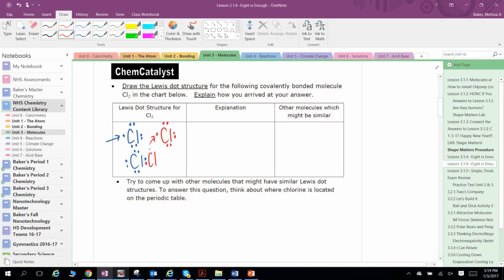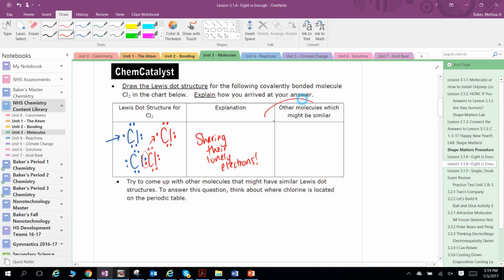Here's the lonely electron for this one. Now we can see they're sharing each other's lonely electron. That is the definition of a covalent bond, sharing electrons.